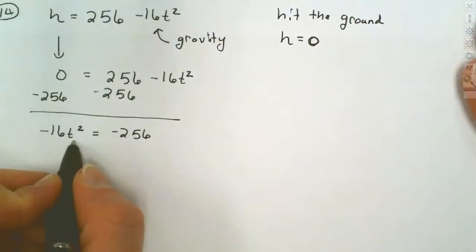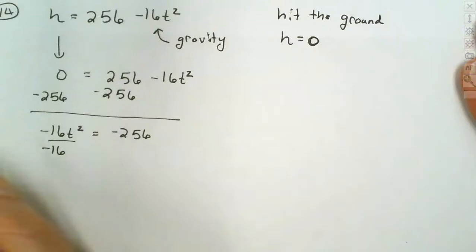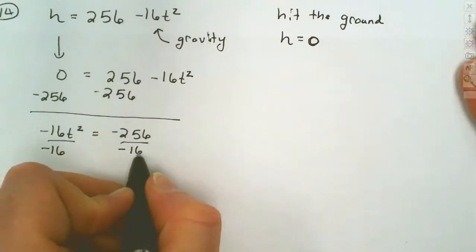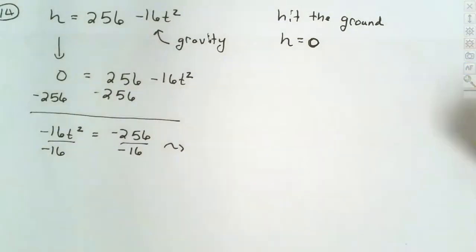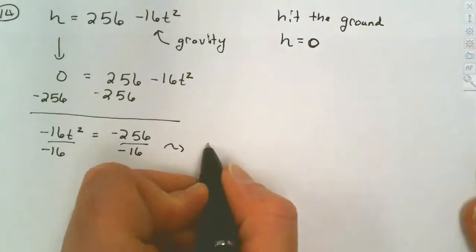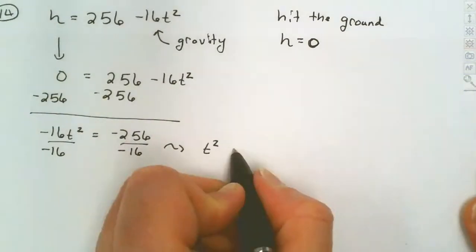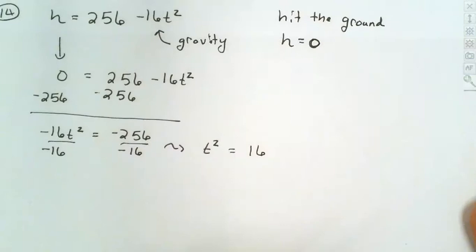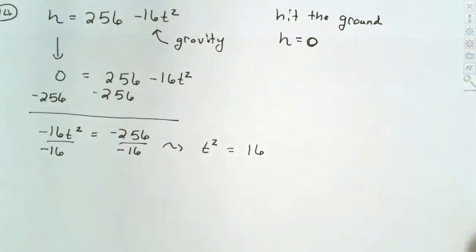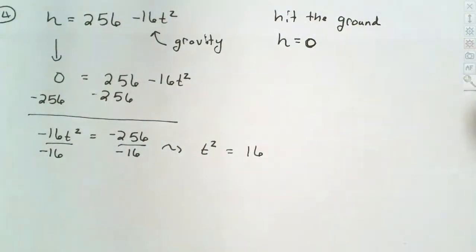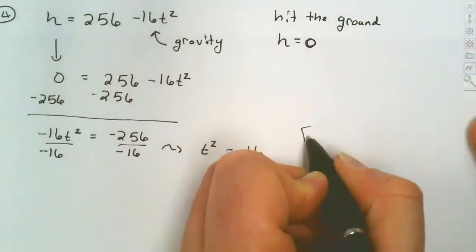We're now going to go ahead and solve this for the t squared. So we'll divide by our negative 16. Negative and negative makes it now a positive. And that gives you then t squared equals 16. You can finish it by using the square root property.